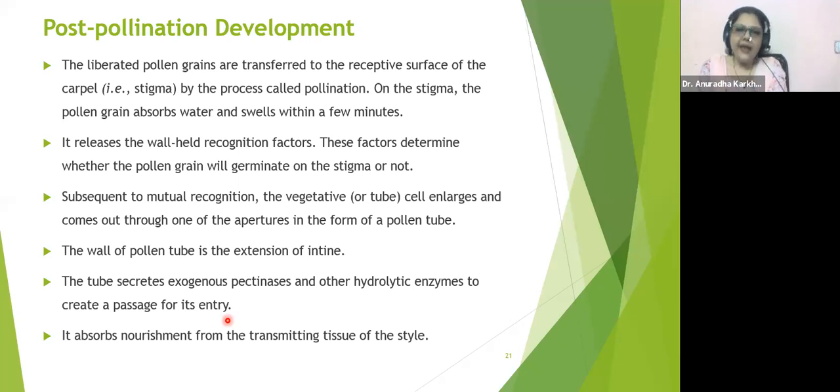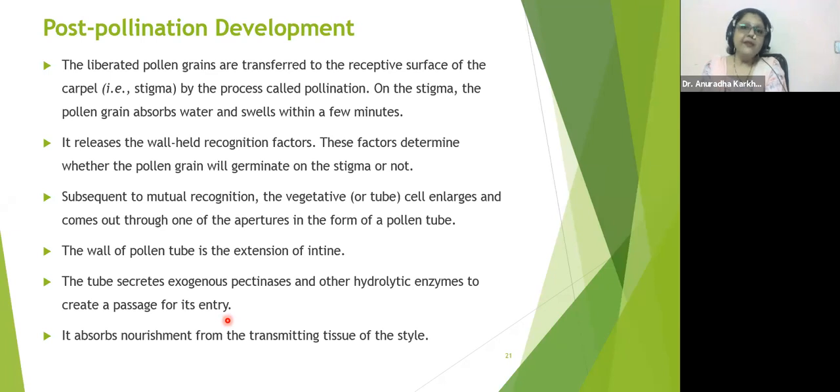So the enzyme called pectinase will be made to move outside the pollen tube, causing the destruction of the tissue of the style. Got it? Now understood very clearly? Pectinase is made on the outside of the pollen tube, which will dissolve the style's tissue, and the pollen tube will be able to go deep, deep, deep inside.